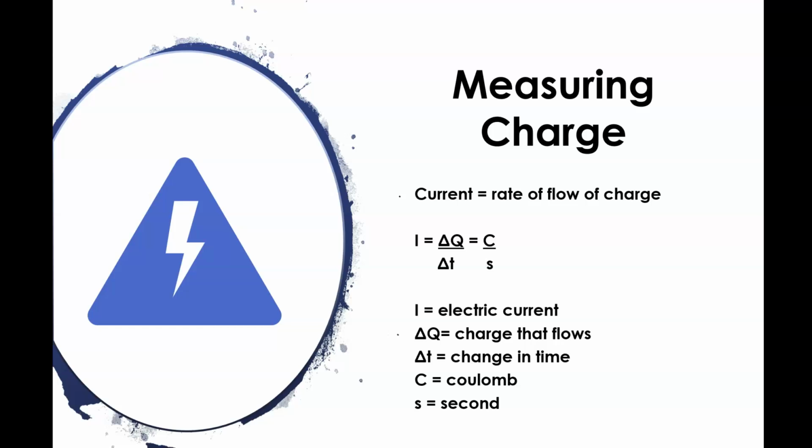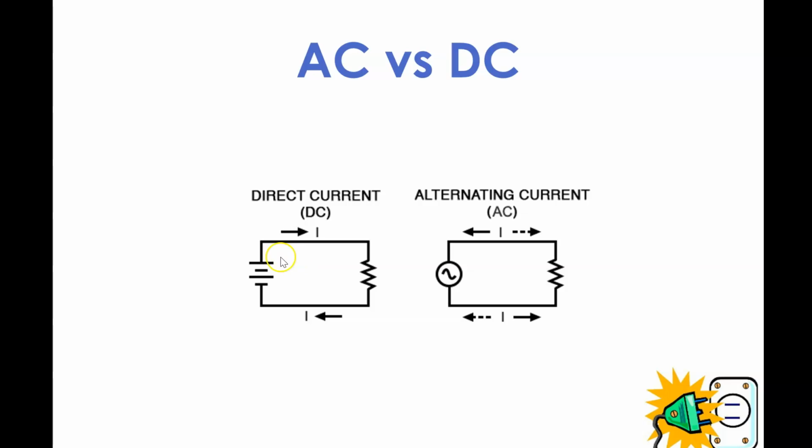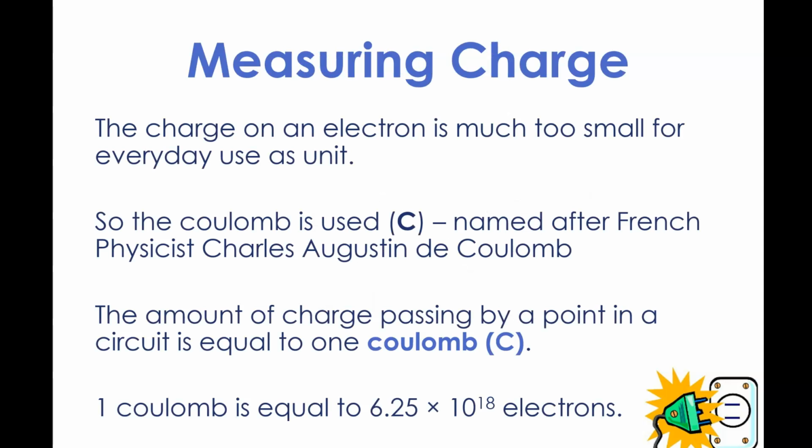We need to figure out what causes those electrons to move faster, what slows them down, and how they go from the negative terminal to the positive terminal, and vice versa. That's what we're going to be looking at in the next series of lessons.